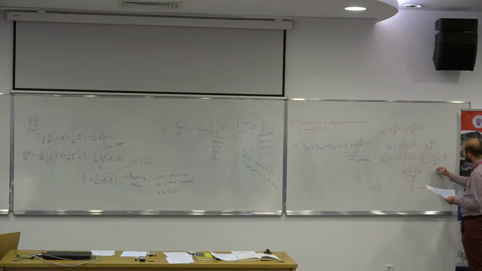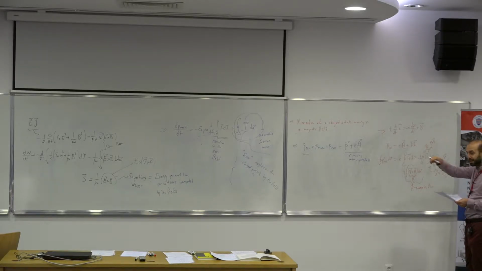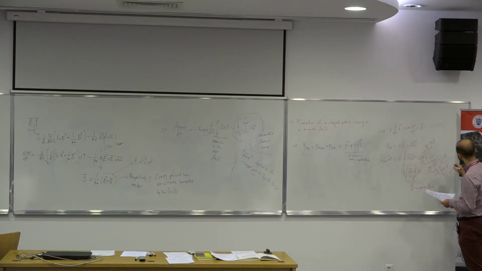And by using vector calculus, I can show that this is minus E B dot R cross dr. And this gives 2 times the area that is bounded by the line that I have chosen. So overall, this term is minus 2E phi.